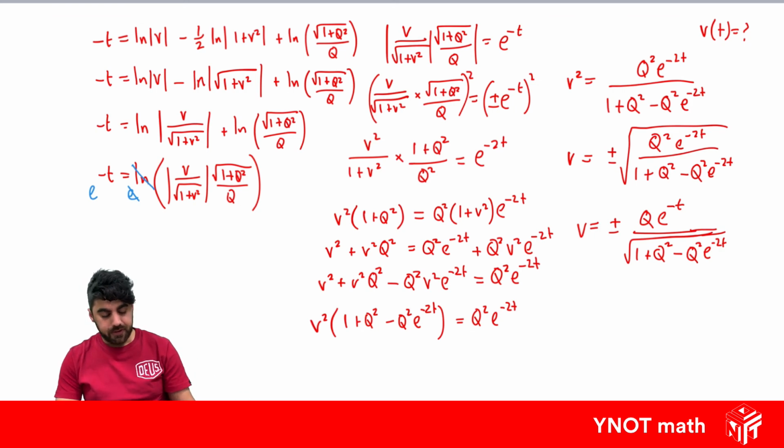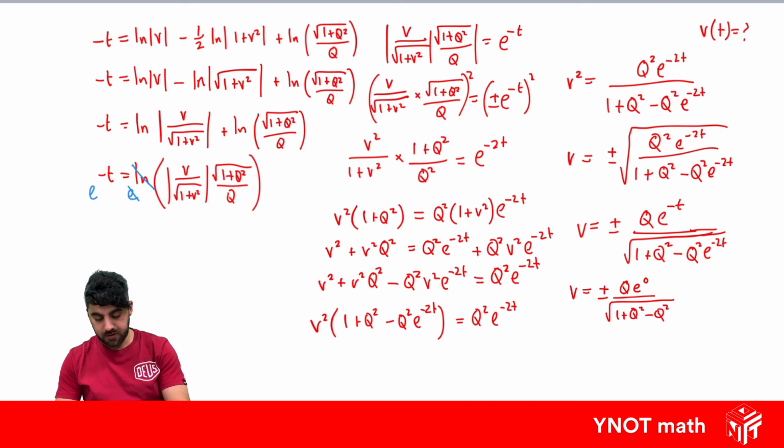We would need to know whether to take the positive or negative case. And we know initially the velocity is equal to q. So let's go ahead and sub t is equal to 0 in. So we get v equals plus or minus q e to the 0 over the square root of 1 plus q squared minus q squared e to the 0. These are just 1.